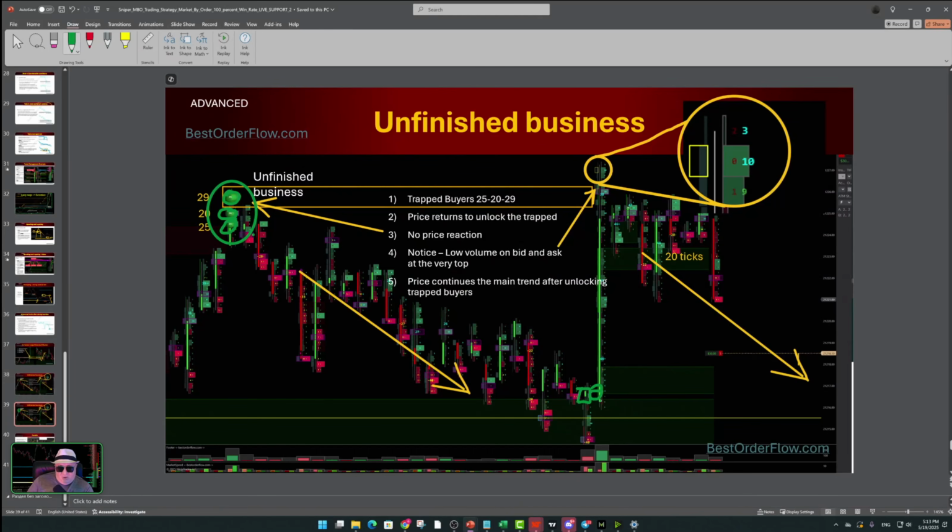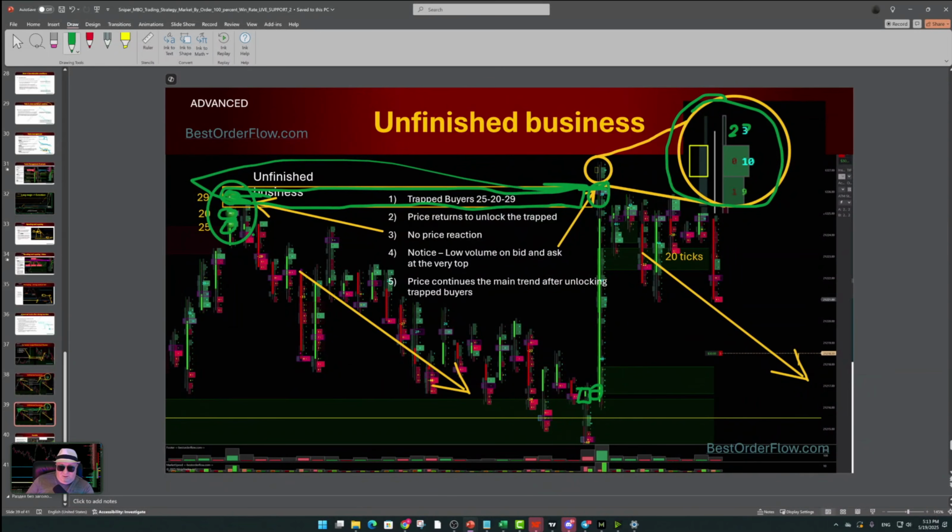That was the goal. Now, right here on the same price level, I'll make it larger. At this top, you see there's a 2 on the selling side and 3 on the buying side.